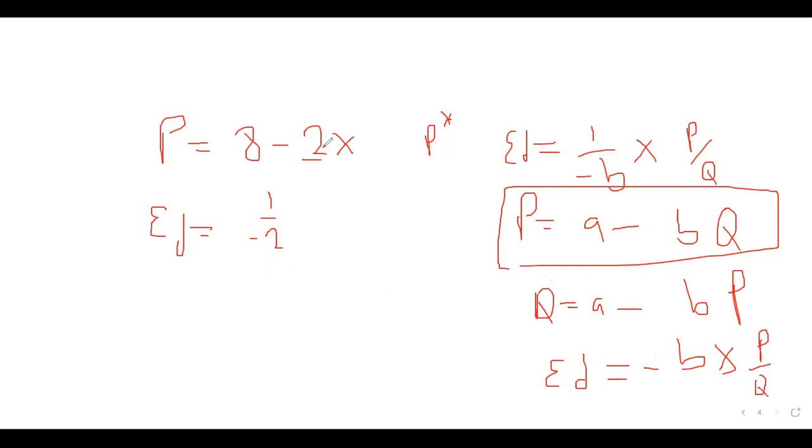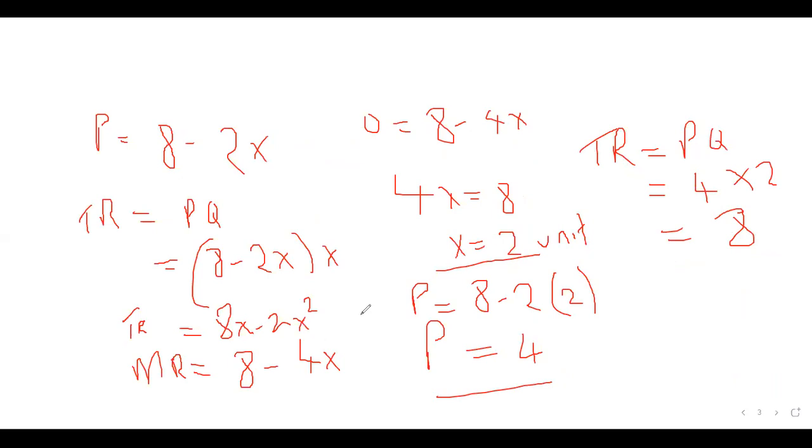So our B is negative 2. And since P is subject to the formula, we're using the inverse elasticity formula. The price that maximizes, we found as 4 kwacha, and the units were 2 units.